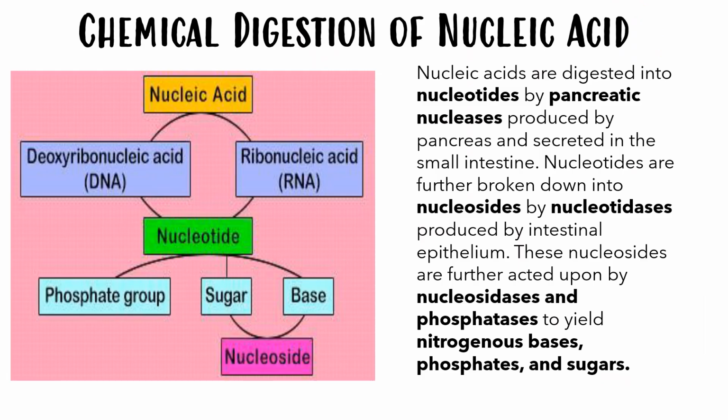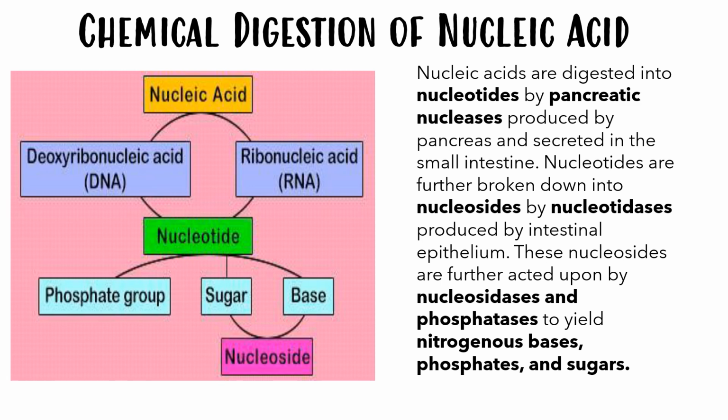Okay, next up we have the chemical digestion of nucleic acids. Nucleic acids are digested into nucleotides, which are the monomers of nucleic acids, by pancreatic nucleases. These are enzymes. The pancreatic nucleases are produced by the pancreas and secreted in the small intestine.